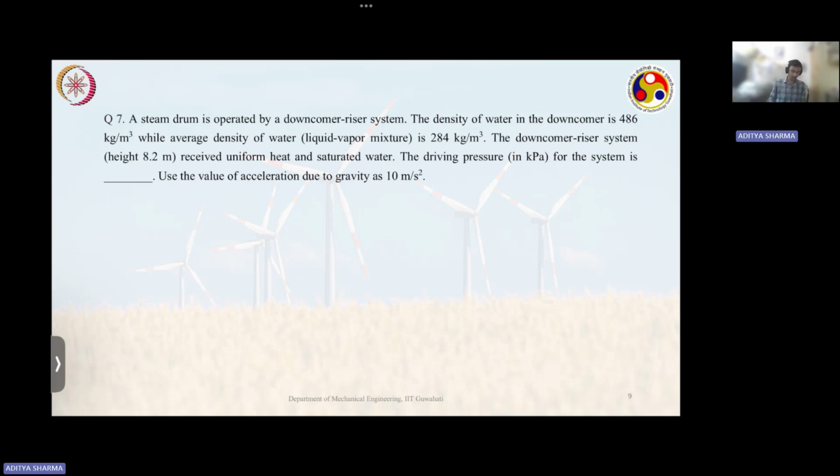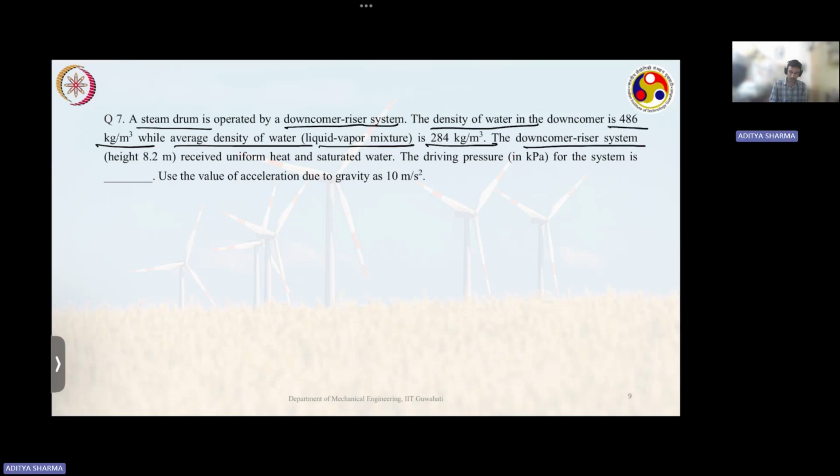Okay, so let's solve this. So this is question number 7, and it says that a steam drum is operated by a downcomer riser system. The density of water in downcomer has been given, and average density of your mixture in the riser is 284 kg per meter cube.